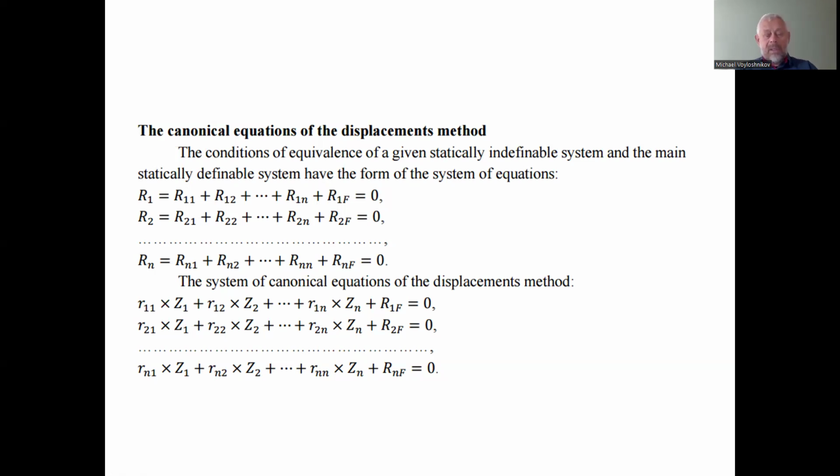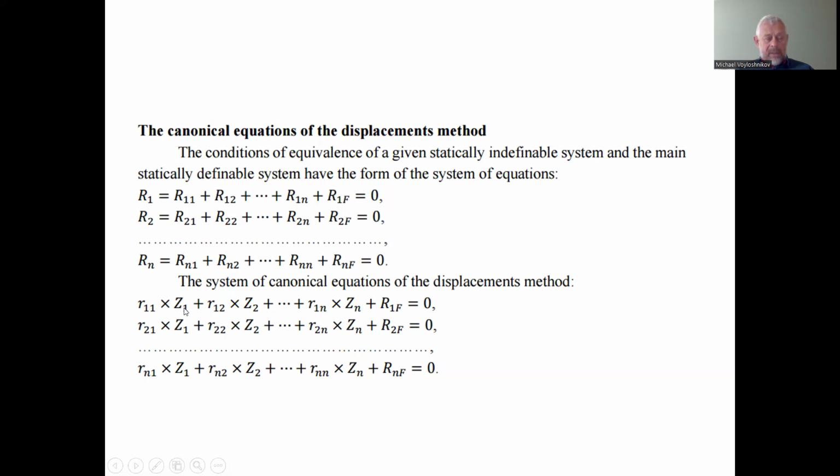The solution of this system of canonical equations of the displacement method gives us the unknown variables, which are the displacements of each node, which we consider after finding the degree of static indeterminacy or kinematic indeterminacy for the displacement method.